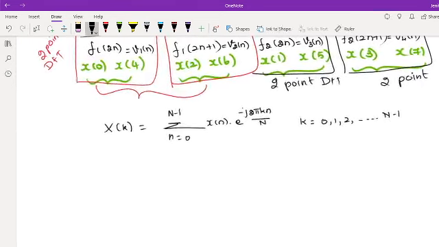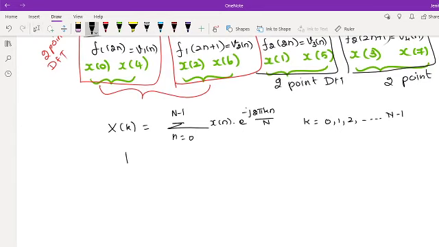So this is for X of k, and let W_N be equal to e power minus j 2 pi by N, where W_N is the twiddle factor or phase factor.